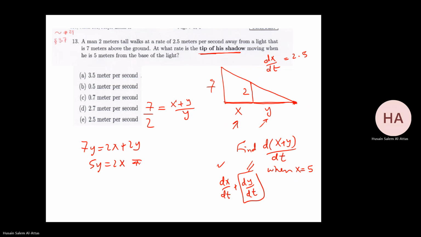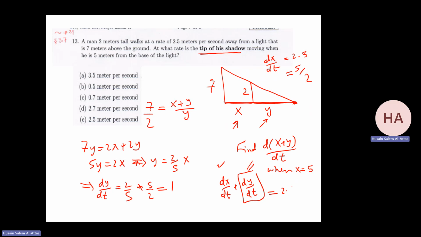So y equals 2 over 5x. So dy by dt will be 2 over 5 times dx by dt. What is 2.5? 5 over 2. So 2 over 5 times 5 over 2 is 1. So this answer will be 2.5 plus 1, which is 3.5.